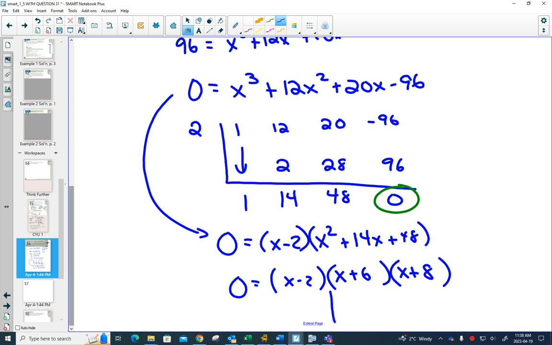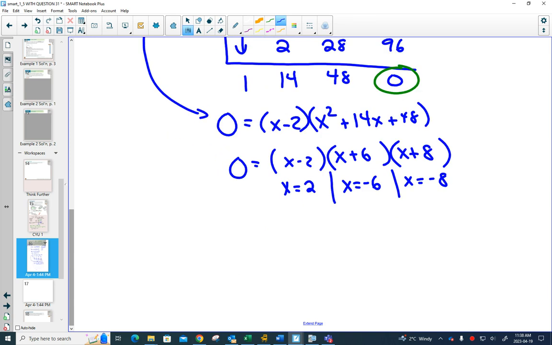And we get 3 answers. So this is where the province argued it said to find all possible answers. However, based on the situation, x is the height of this box. Can you see that you can't have negative lengths? These ones don't make sense. So the only one that does make sense is 2.